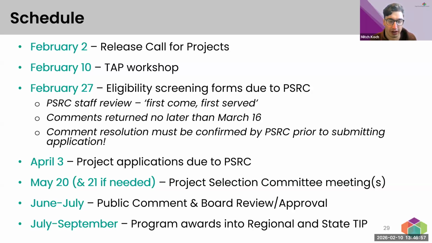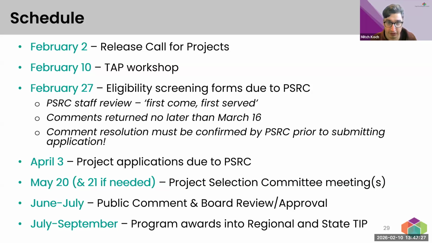And then once you have time to look over those comments and can address them, and PSRC gives you the green light saying your responses to our concerns are accurate and adequate to move forward, sponsors submit their grant applications, which are due by April 3rd to PSRC.